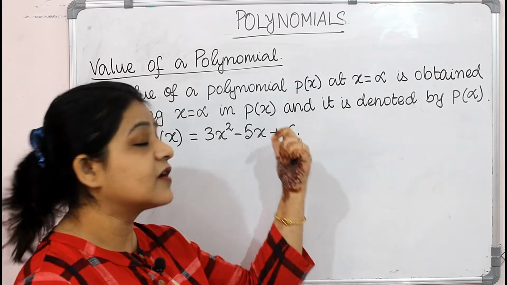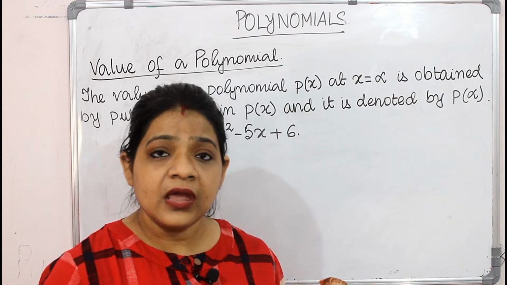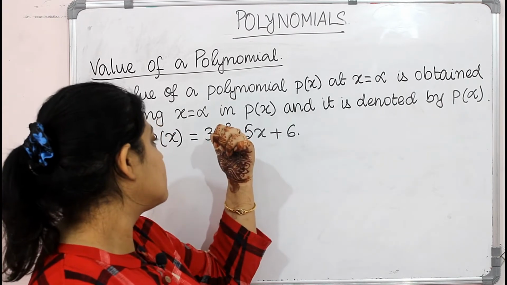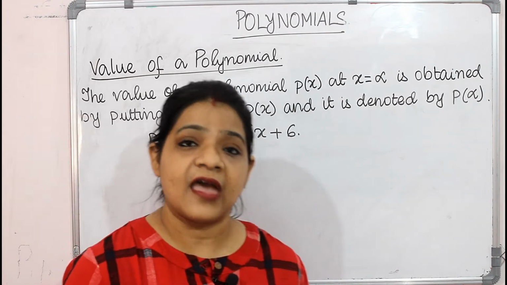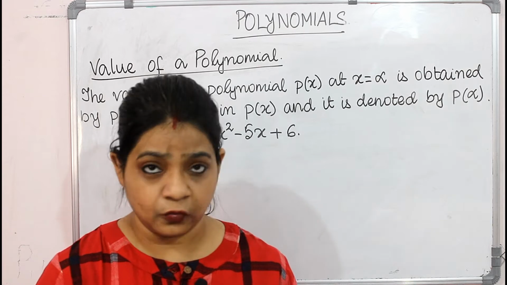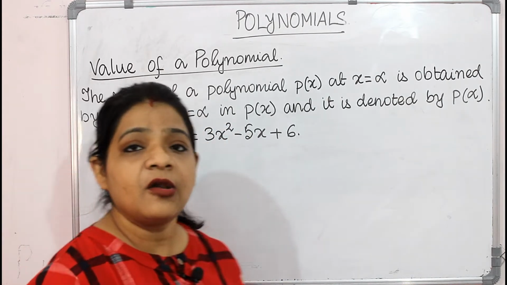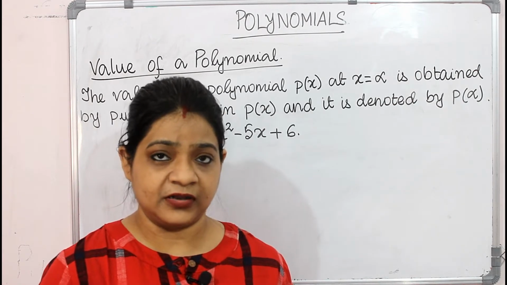It consists of constants and the variable x. The coefficient of x square is 3 and the coefficient of x is minus 5. Up to this, I think it's clear to you. X is the variable over here.